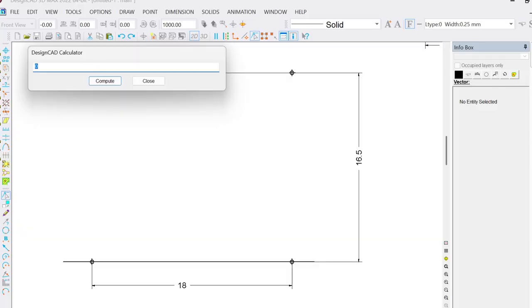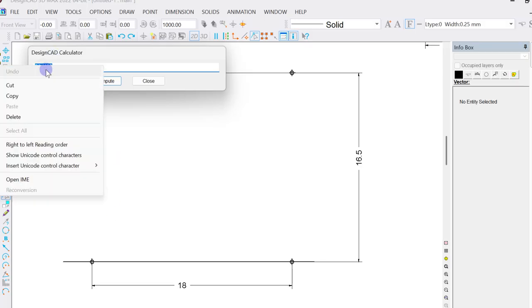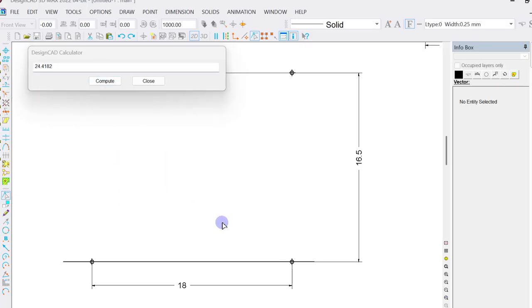You're going to go square root of 16.5, using the caret sign before you hit squared, right? Plus 18 caret 2. Close. And then you're going to hit enter. 24.4182. So I'm going to copy that. So we know this one here is 16.5. So we're going to draw an arc.